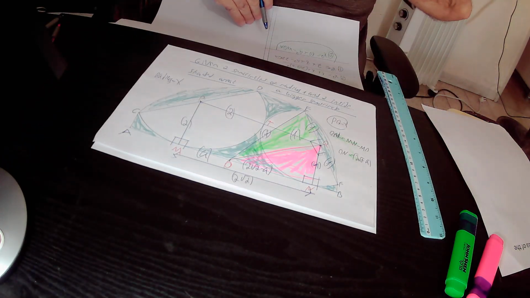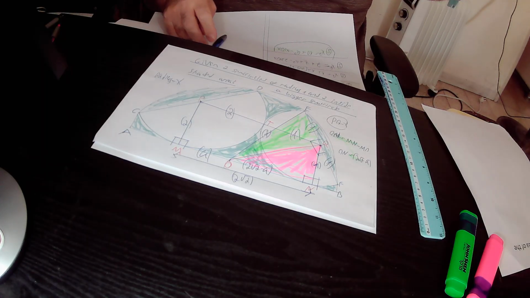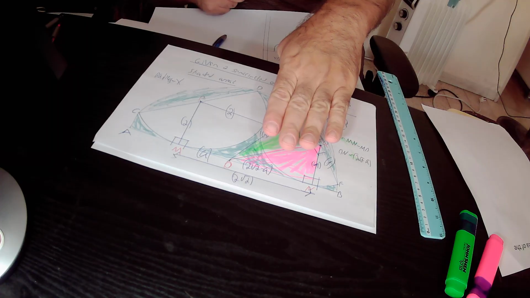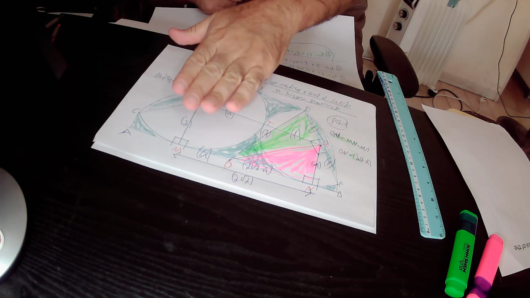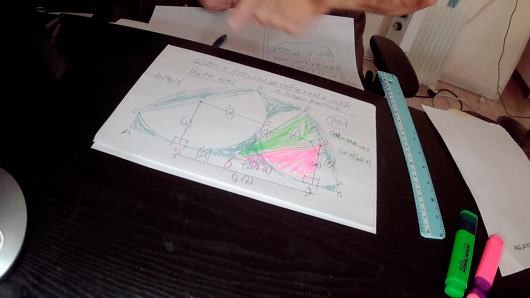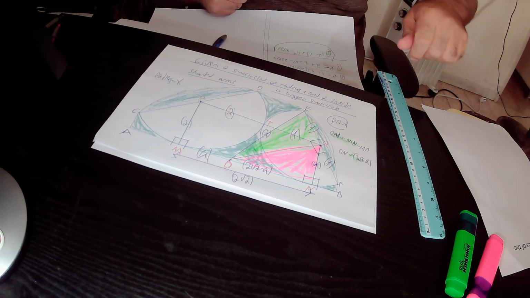In the next step, we repeat the same process that we did on this side of the big semicircle, on this side of this big semicircle. That is to say, we join points O and P together by a straight line.